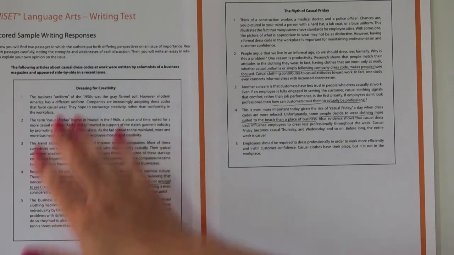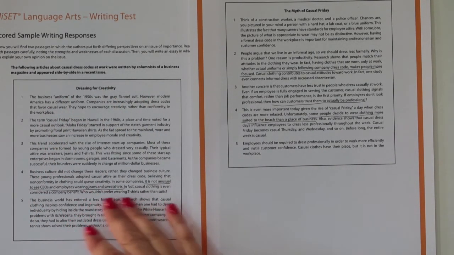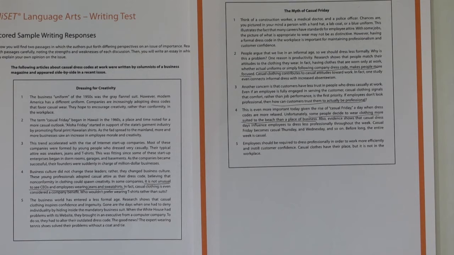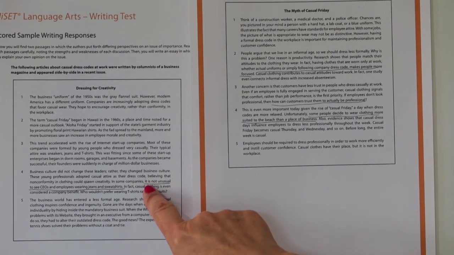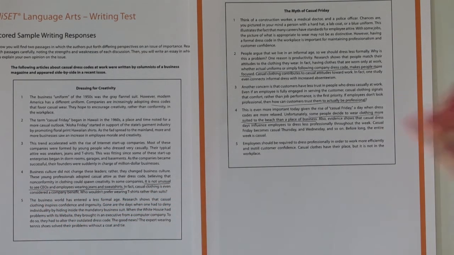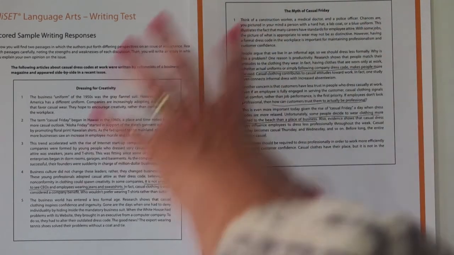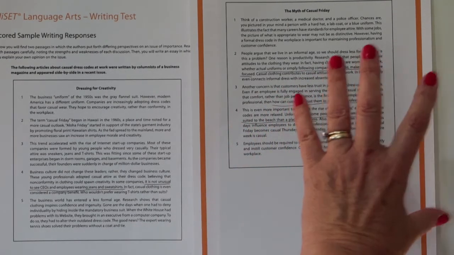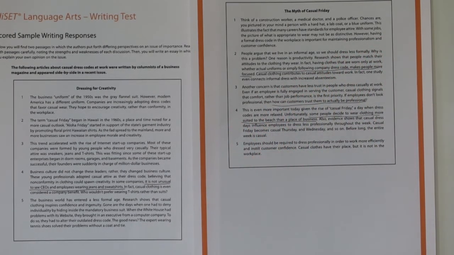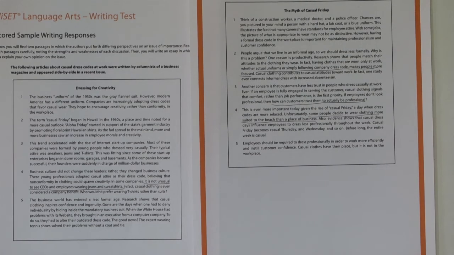Okay. In the other passage, the only thing I found that I thought I could use was the phrase where it says it's not unusual to see CEOs and employees wearing jeans and sweatshirts. So after reading both passages, I decided there is more supporting evidence for a business not allowing casual dress.